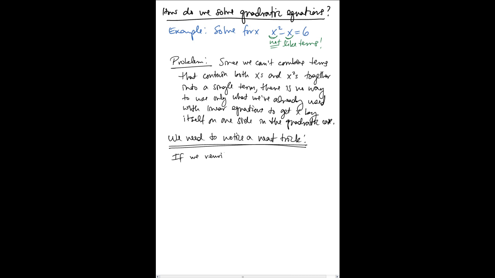If we rewrite what we have, x squared minus x minus 6 equals 0, by subtracting 6 from both sides, then we notice that we can factor the left side.